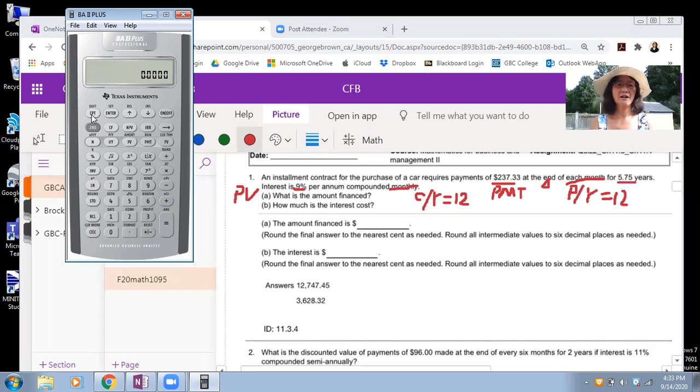Make sure that on this screen, the top right corner, you don't have anything. That means it is end mode. In case you have BGN on the top right corner, you need to do this: second, BGN, second, set, second, quit.